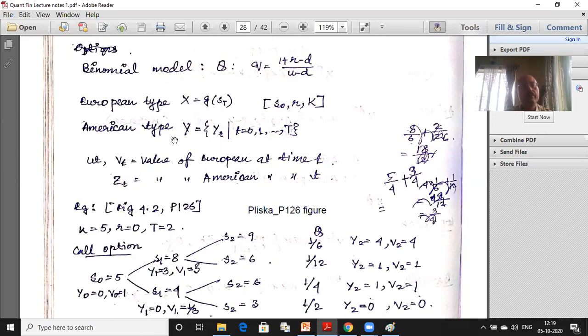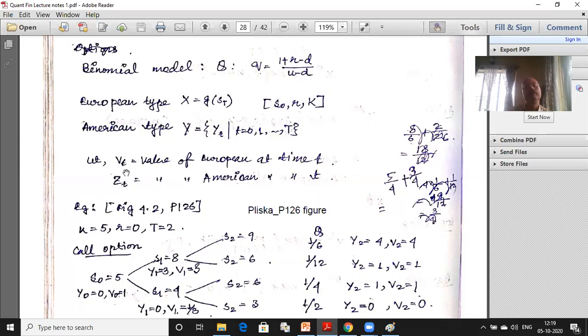Instead, for an American type option contract, the price process, if I call it Y, is dependent on the whole history of the stock price, because American type can be exercised anytime from time 0 up to time capital T. So it is more complicated. It uses many more variables. Let us denote the value of the European option at time t by capital V_t.